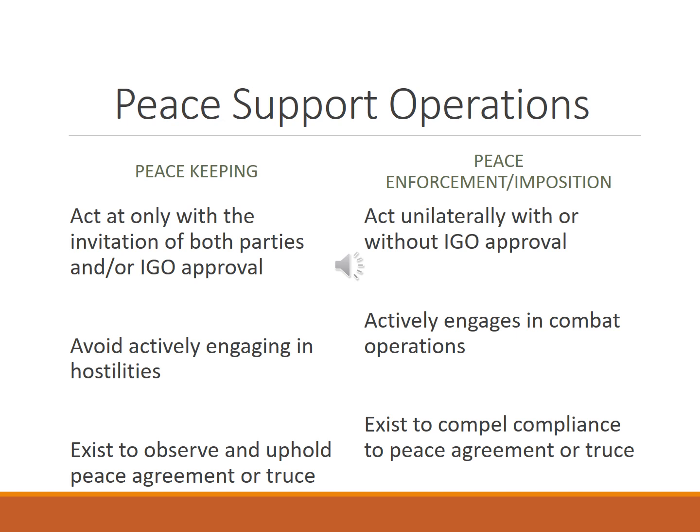It's done by states or more robust security organizations like NATO. And it's done without necessarily both sides, usually not with both sides, agreeing to the presence of that third military force, that third party actively intervening in the conflict.